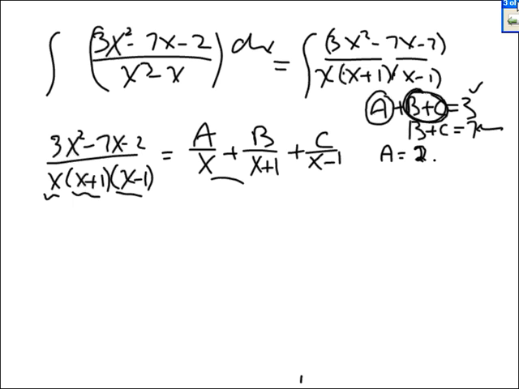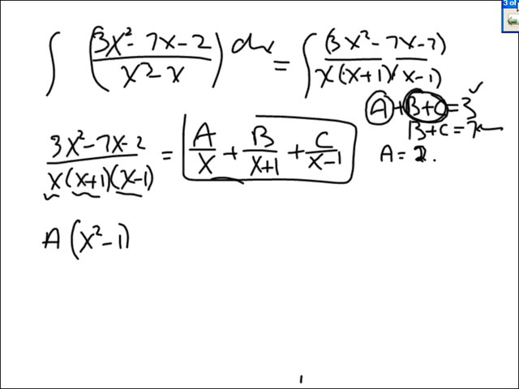Okay. This is going to become a times x squared minus 1. B gets multiplied by this, which is x squared minus x. And c gets multiplied by these two, which is x squared plus x.